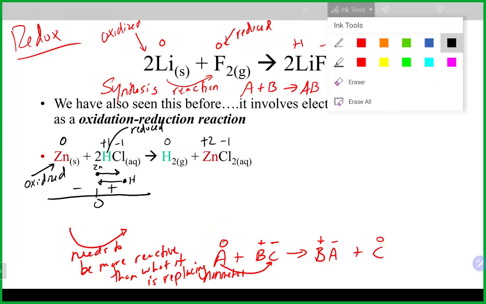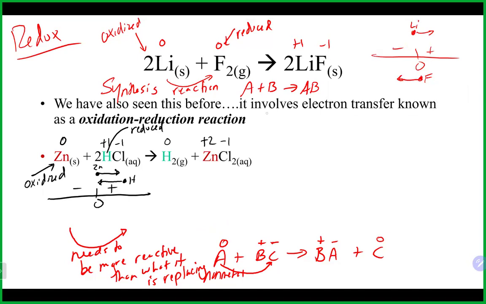So if we were to take this reaction of zinc plus our 2HCl makes our H2 and our zinc chloride. If we wrote our total ionic equation here, we would have our zinc, which is a solid.